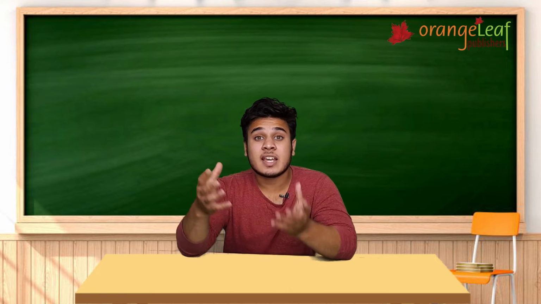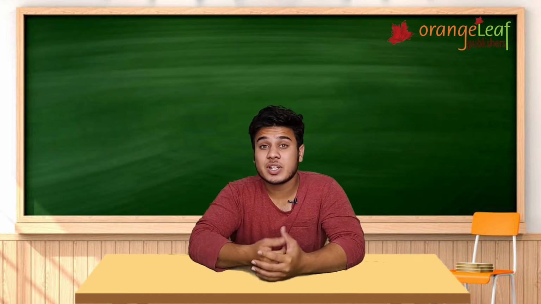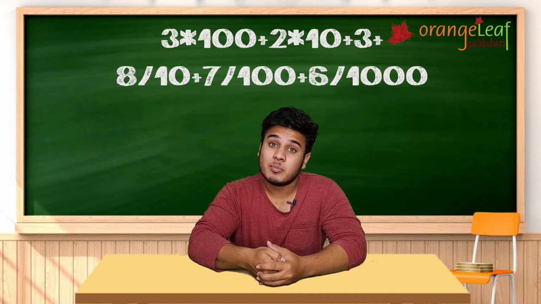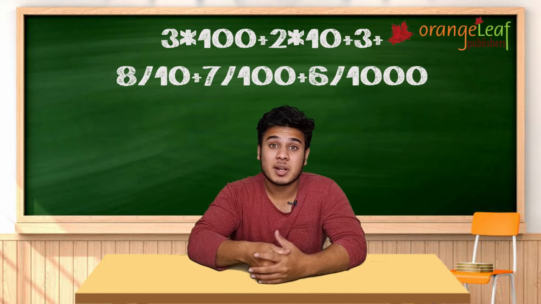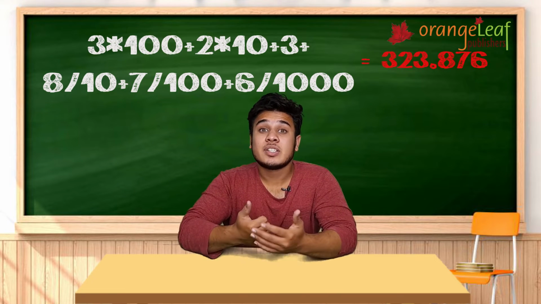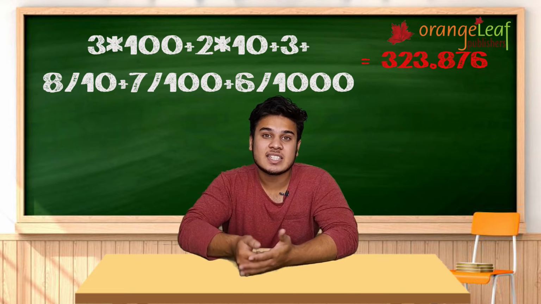We now need to write the expanded form as the decimal form. So the first question says 3 into 100 plus 2 into 10 plus 3 plus 8 by 10 plus 7 by 100 plus 6 by 1000. So that would mean 323.876.